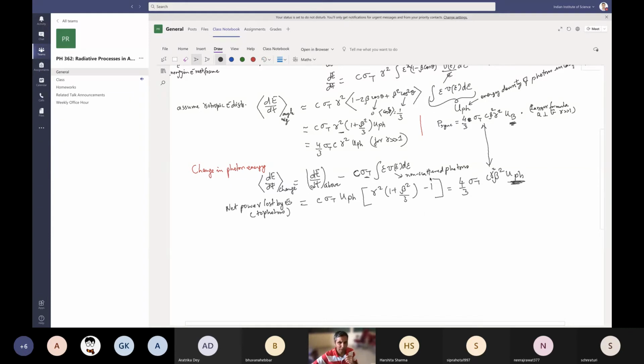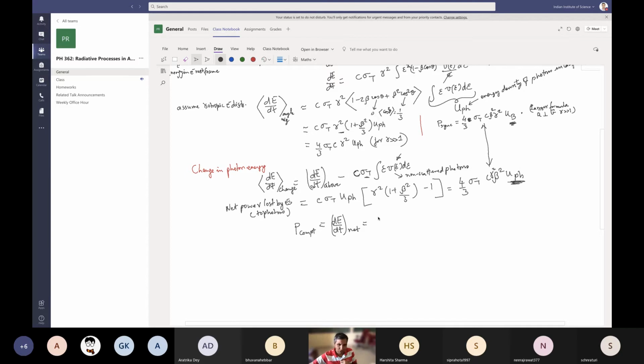Now let me note down this formula. Just like we had P_sync, we'll have P_Compton equal to dE/dt net. The subtracted term is negligible, small for gamma greater than 1, compared to the energy density of the scattered photons.